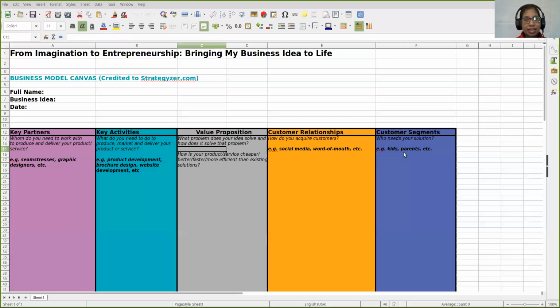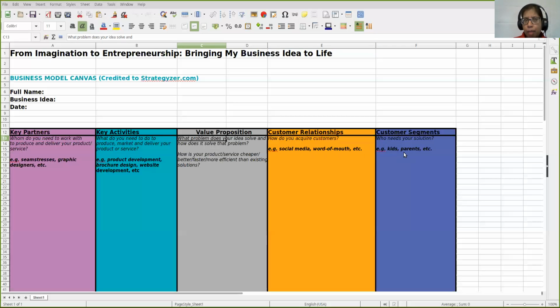Okay, and the next column or the next segment is value proposition. So, what is your value proposition? If you remember from the very first class, you had to document what problem your idea solves and how it solves that problem.